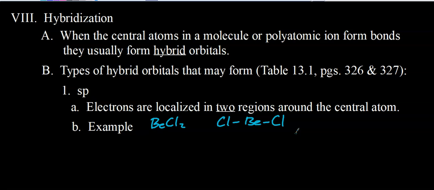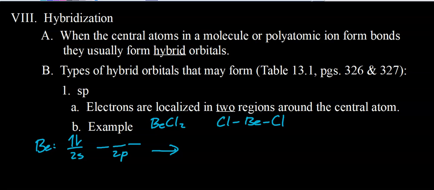Now, these atomic orbitals that combine are in the valence shell. So let's take a look at the orbital diagram for beryllium, just the valence shell. Remember that in order for covalent bonds to form, we need half-filled orbitals to overlap. And the neutral atom beryllium doesn't have any half-filled orbitals.